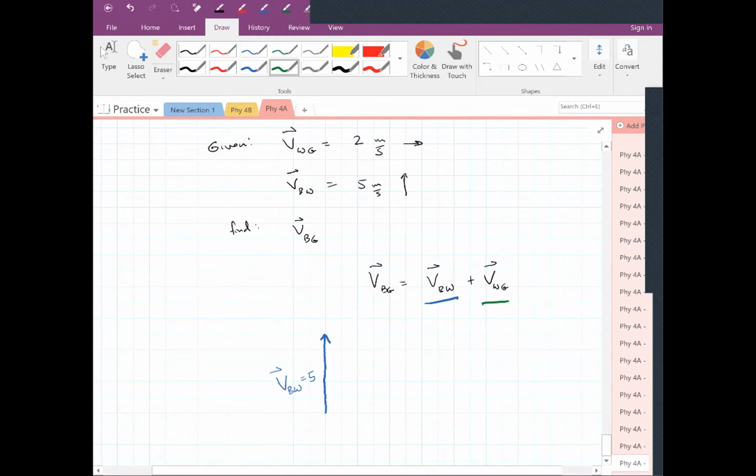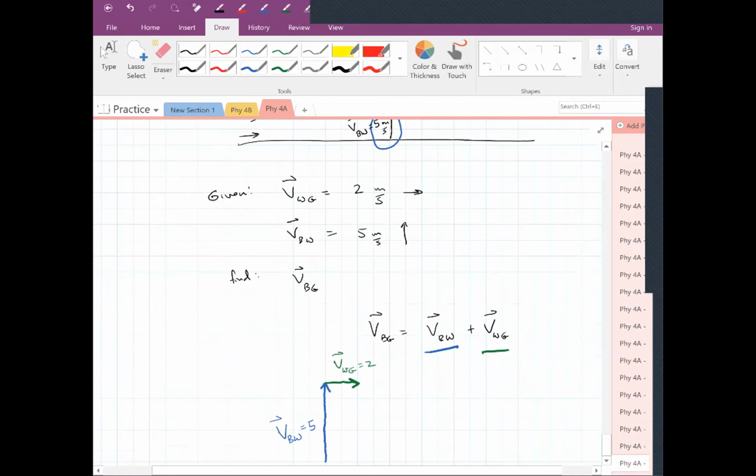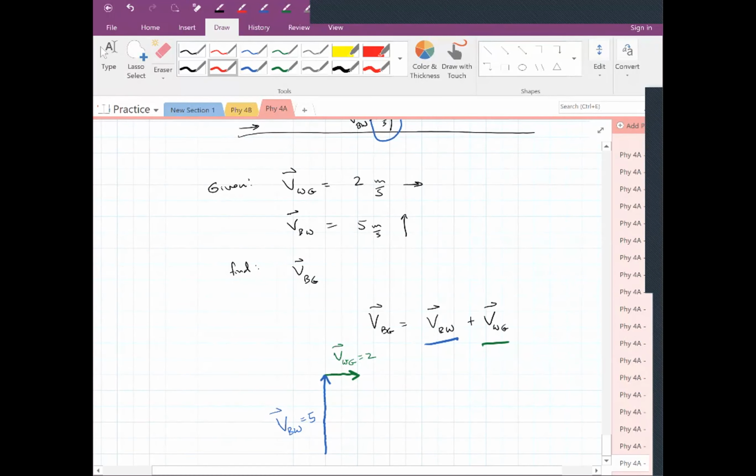So I'll just draw that in here. One, two, three, four, five, 1, 2. Yeah, so I'm trying to draw this to scale. And so the third vector is going to be the sum of those two. It's going to be this right here.